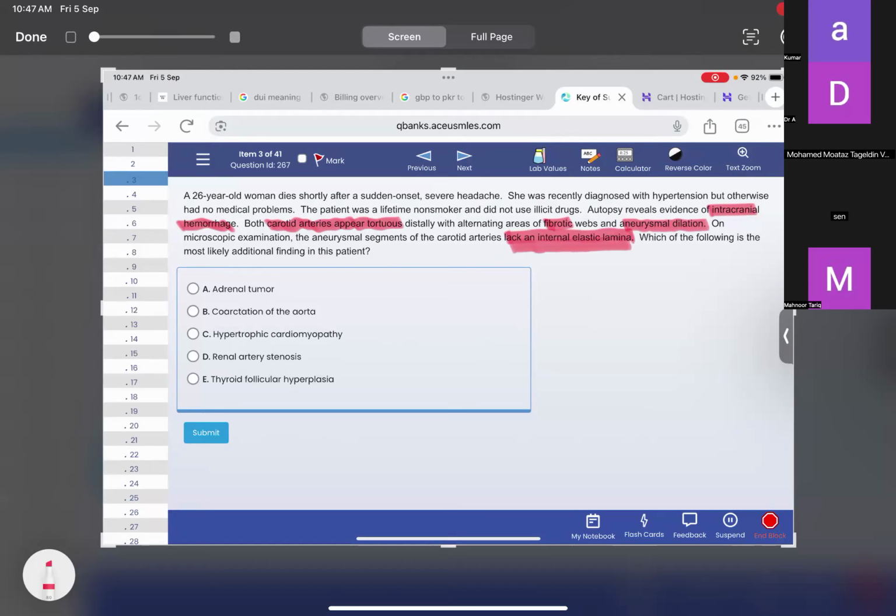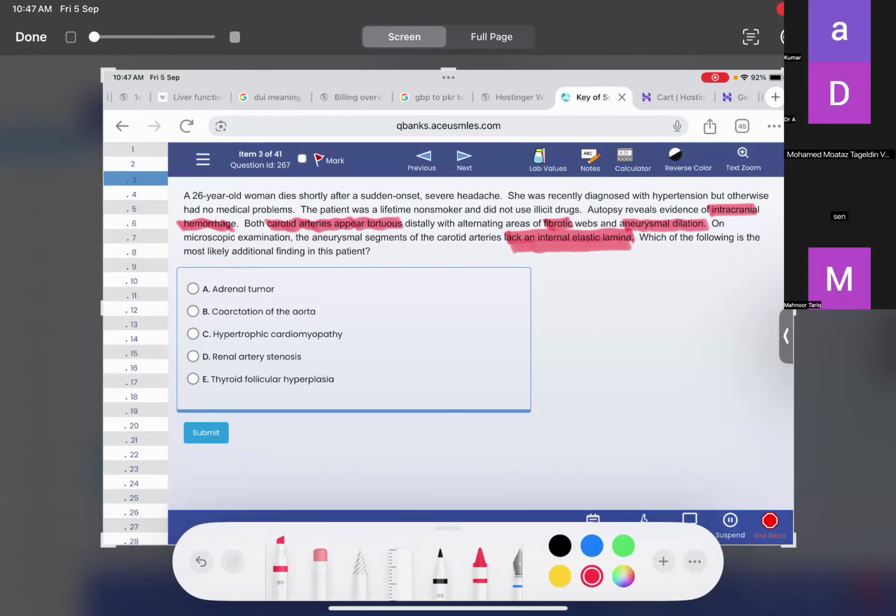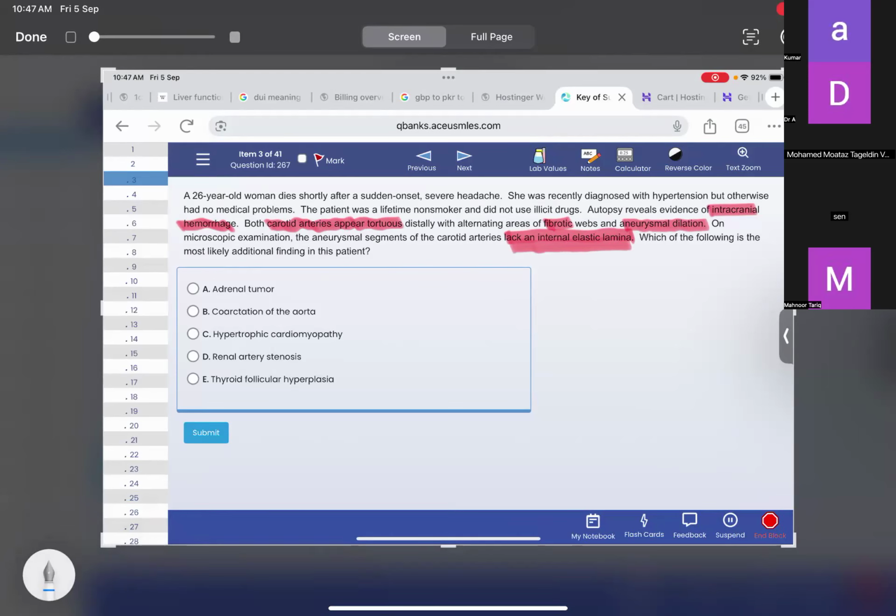Is this fibromyalgia? You are almost there: fibromuscular dysplasia. It is usually associated with renal artery stenosis. We discussed renal artery stenosis in a question yesterday.